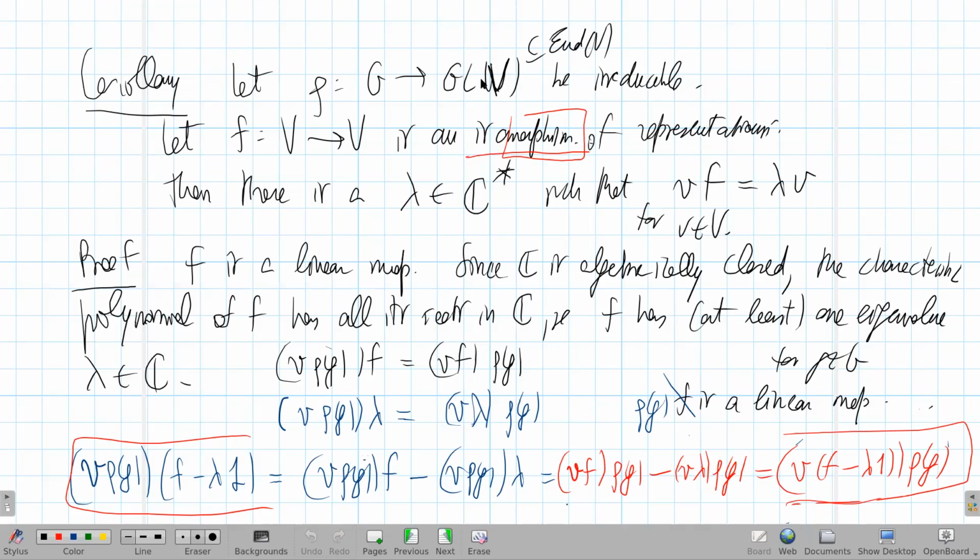And characters allow you to completely describe a representation by associating to every element of G a single number, okay? So you may have a representation of dimension n with n very large, but it suffices to have a single function from G to the complex numbers, not n squared, to describe the thing.